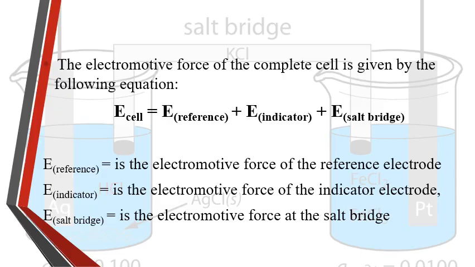So now the E reference has a constant value. The indicator electrode varies based on the reaction. The salt bridge term is typically small and can be negligible, but is included for accuracy. This equation is fundamental in potentiometry and other electrochemical techniques, where the goal is to measure the EMF to gain insight into the concentration of ions in the solution or the progress of a chemical reaction.